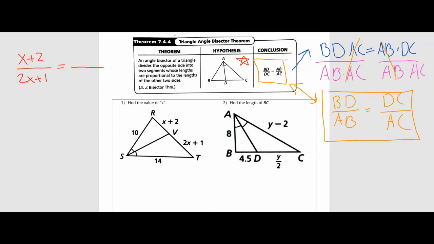Now in my other ratio, I have to start with the side that's part of the x plus 2 triangle. So 10 has to go in my numerator. This would not work if I did 14 over 10. I could switch these as long as I switch both of them, but I couldn't just switch one of them. Otherwise, our proportion would not be the same.